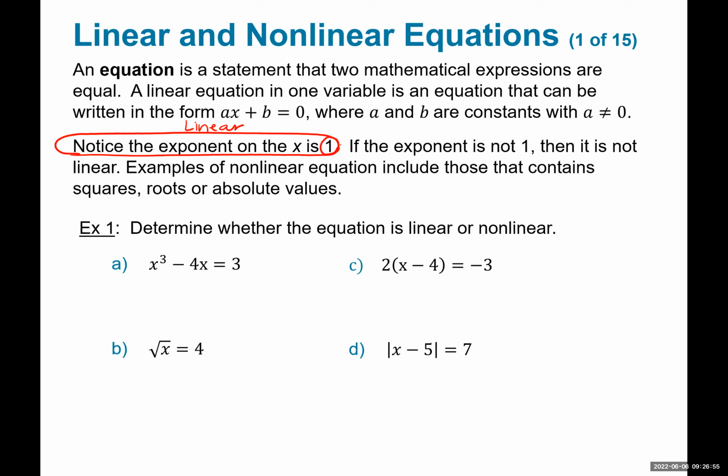But if you don't see anything other than a 1, then most likely that will be linear if there's other cases that are also in effect. So like we can't have any square roots, no radicals in general. This means cube roots or quintic roots, any type of root we cannot have. So no square roots, no radicals, no absolute value.